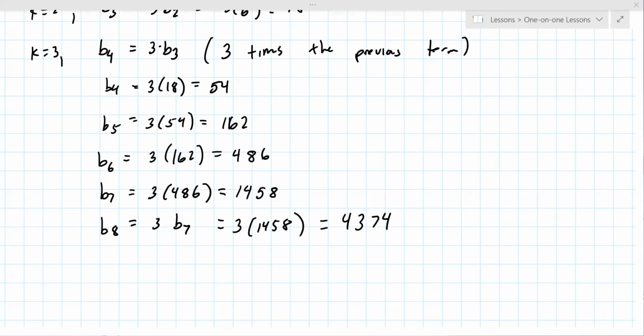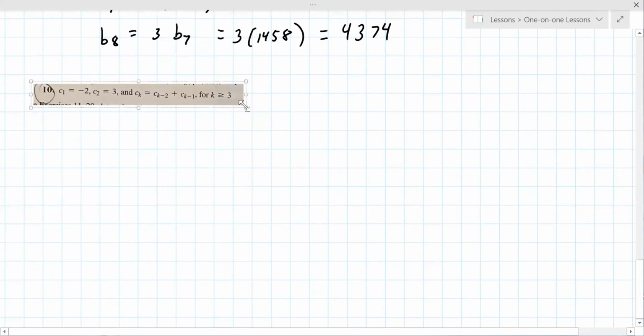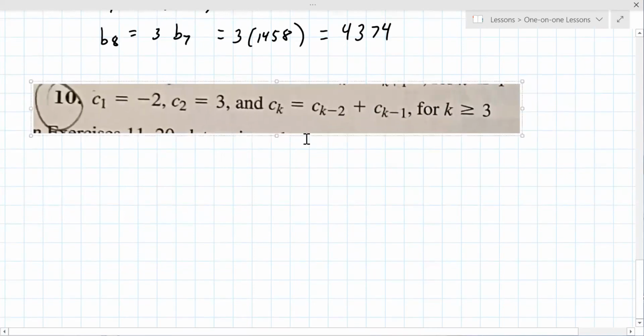All right, up to number 10. Number 10 is a recursive sequence where the recursive sequence can rely on more than just the previous term. It can rely on more than one previous term. So they tell you it's C1 equals -2 and C2 equals 3. So now when k equals 3, you're putting 3 in for this k.